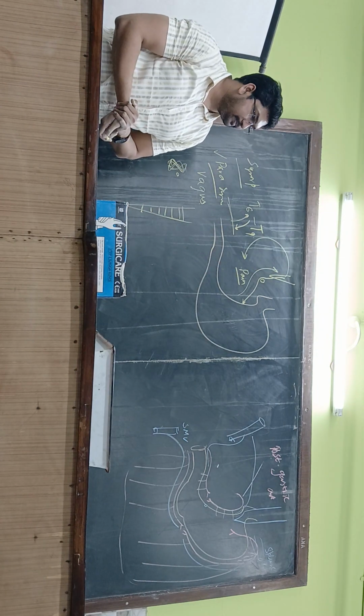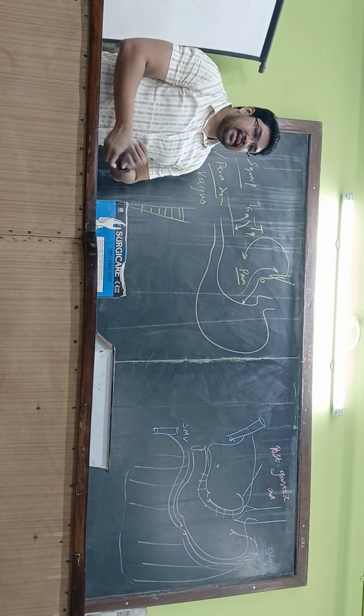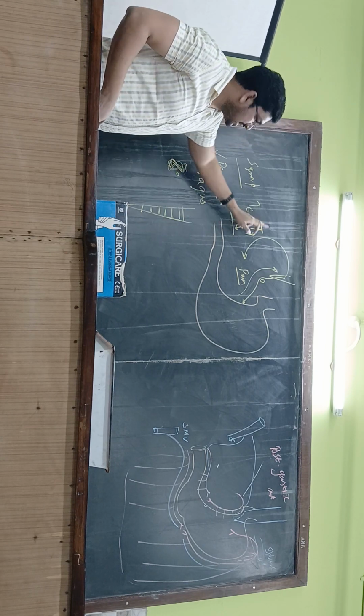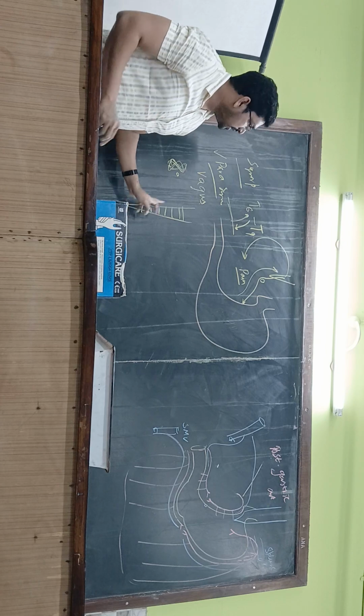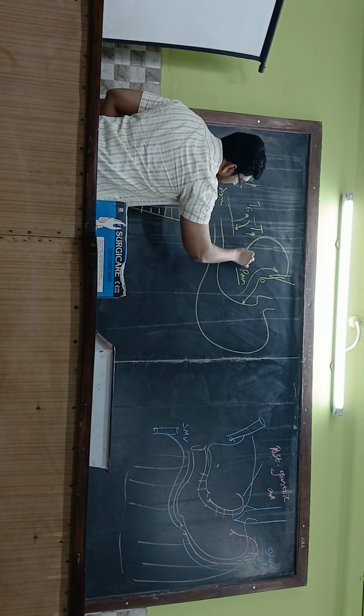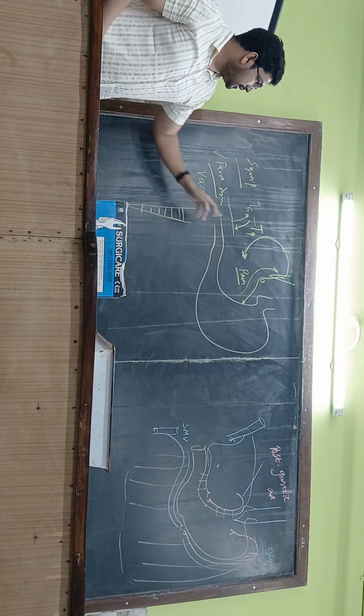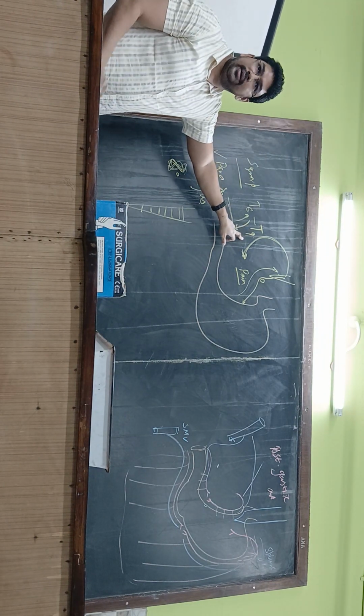What is the dermatome? An area of the skin supplied by a particular spinal cord segment, right? So the pain is carried over here, and that will be referred again towards the surface of the anterior abdomen. So where will it be referred?